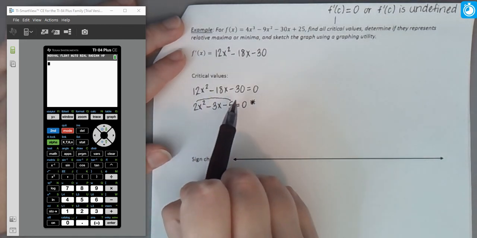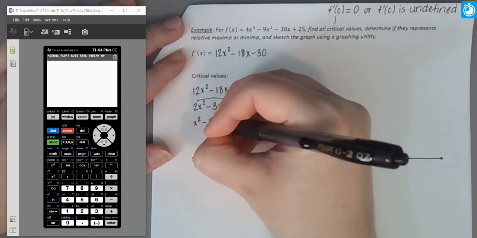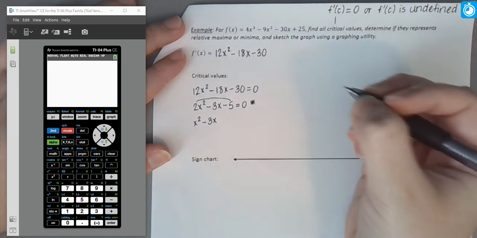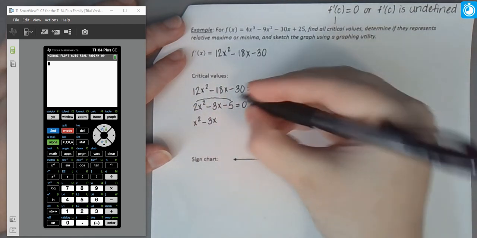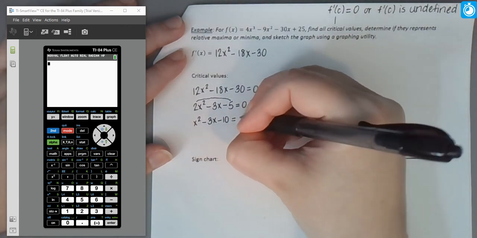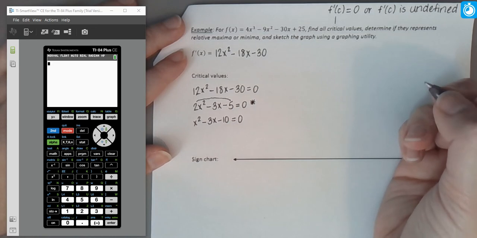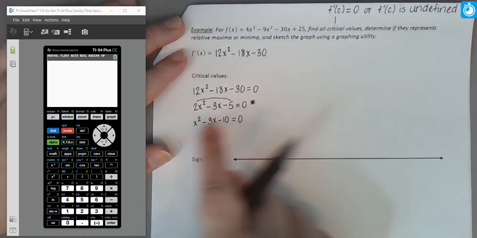So I'm going to multiply by 2, move it over here, which is now going to make the coefficient in front of the x squared a 1. So 2 times negative 5 is going to be negative 10. Now we're working with a different problem, but it's a variation of the problem we started with. Why do I do this?